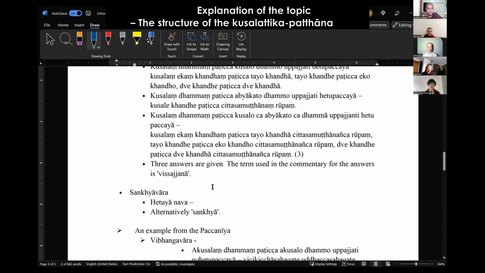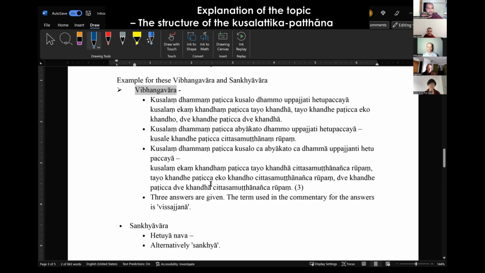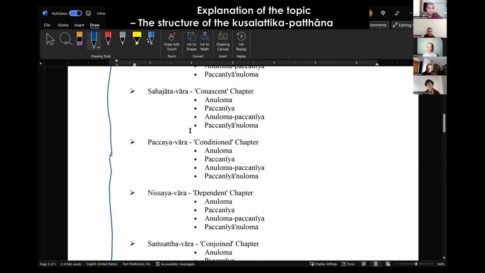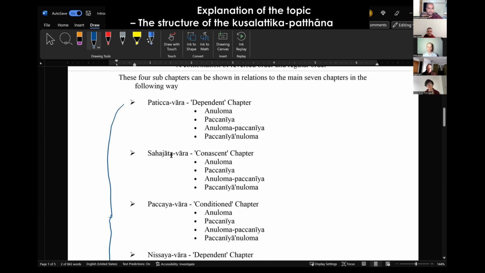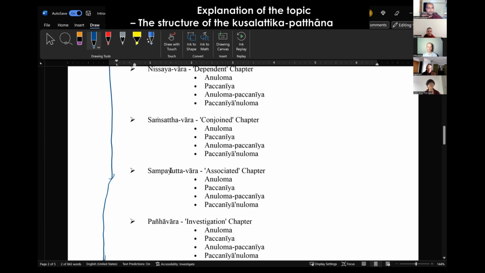We see that relationship. Now this relationship is shown in the first 6 chapters, right? Which means the paṭicca vāra, sahajāta vāra, paccaya vāra, nissaya vāra, saṃsaṭṭha vāra, sampayutta vāra. In each of these subtopics, the relationship is shown here, right? We have the Vibhangavara and the Sankhya.